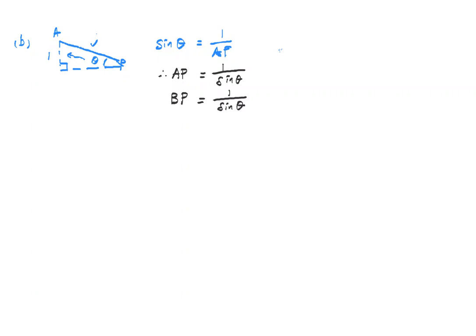So after we have done that, we want to know PC, correct? So this is your M, and this is the C. In order to know PC, it is 3 minus MP. So I have to now find MP by using this triangle.